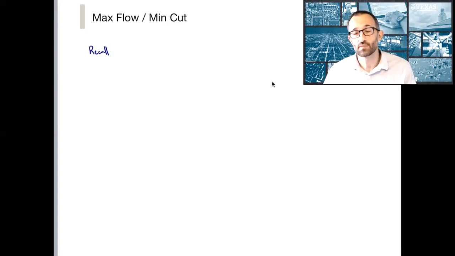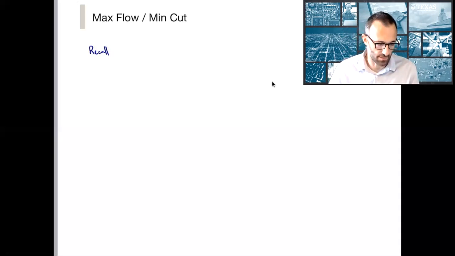A cut can either be specified by the edges, which partition the graph with S on one side and T on the other, or, and we did this when we were talking about arborescences, something that we're going to revisit in future lectures, a cut could be defined by a set of nodes, because a set of nodes automatically specifies a set of edges which separate that set of nodes from the rest of the graph. These are essentially equivalent, but they are different ways to specify it.